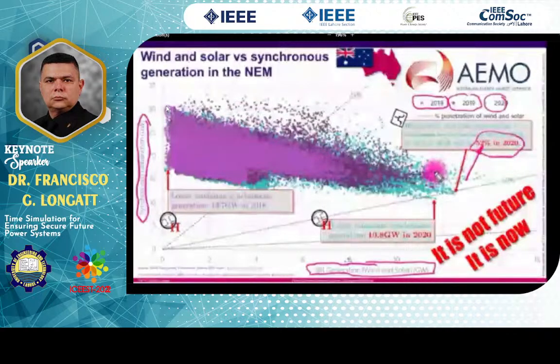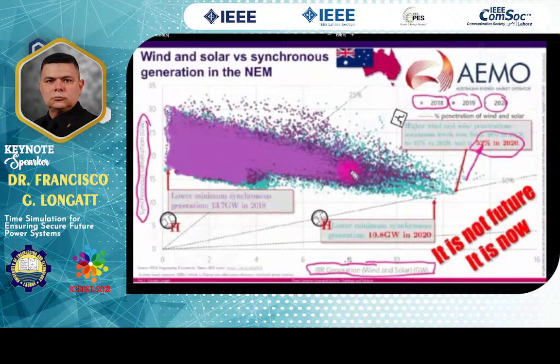And what is relevant for me in this very specific presentation is that 52% penetration of power converters means that the synchronous generator was a minority. And that is true because the synchronous generation decreased from 13.7 gigawatts in 2018 to 10.8 gigawatts in 2020.